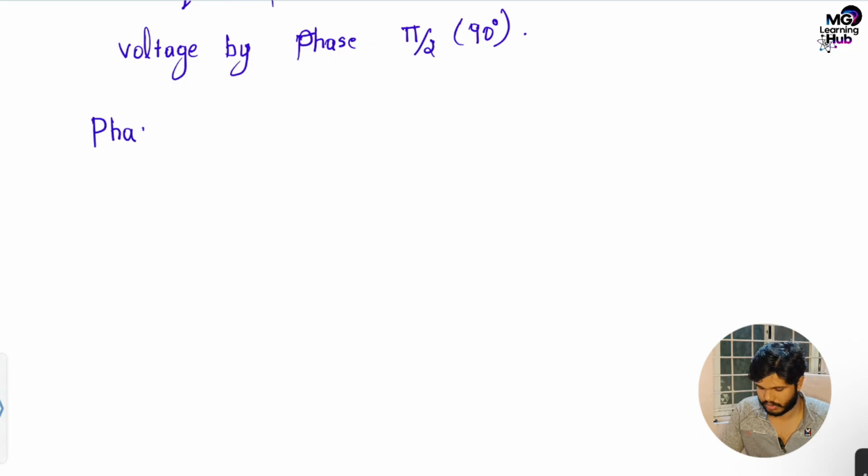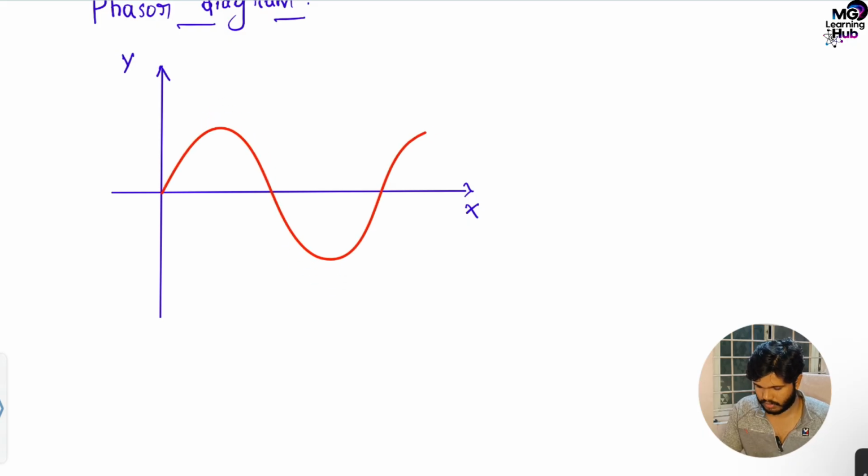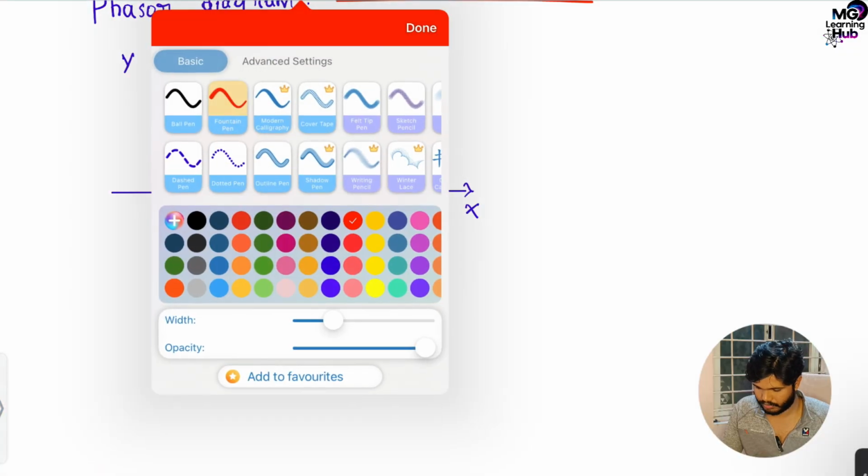If you like, let's draw the phasor diagram. So phasor diagram, similar to the last question. What shall we do, I will first show you in waveform. Done. This is y axis, this is x axis. Excellent. Now, so first one, this one will be voltage.